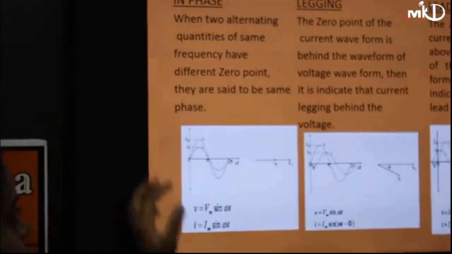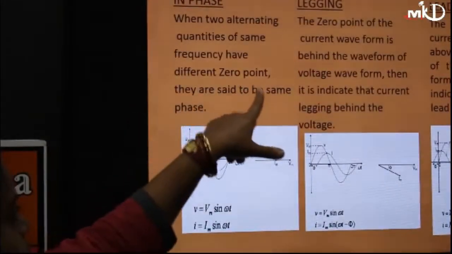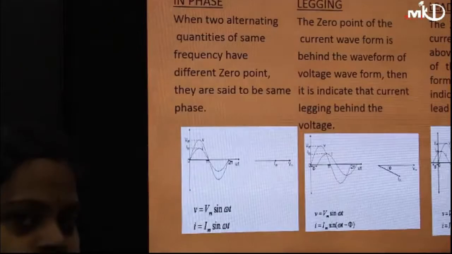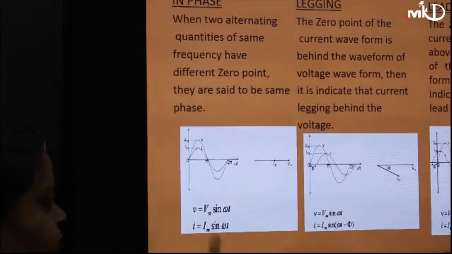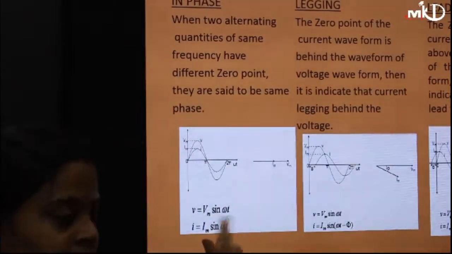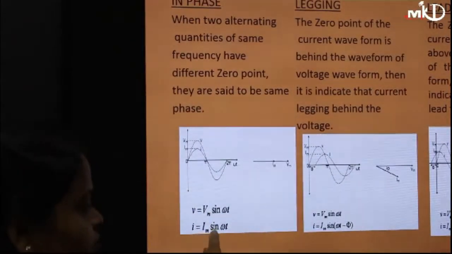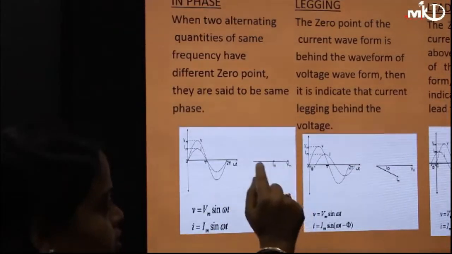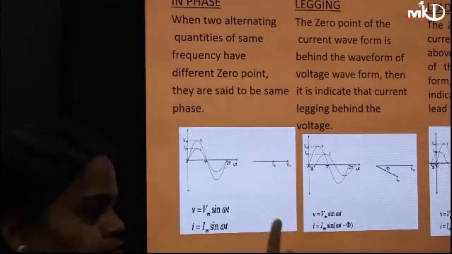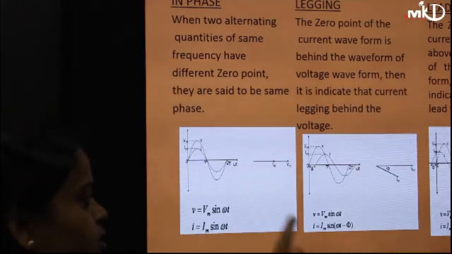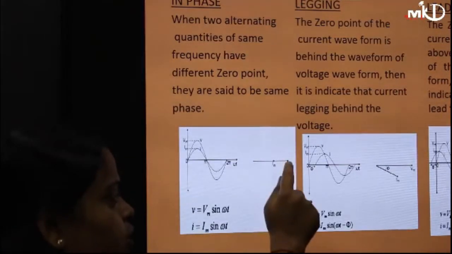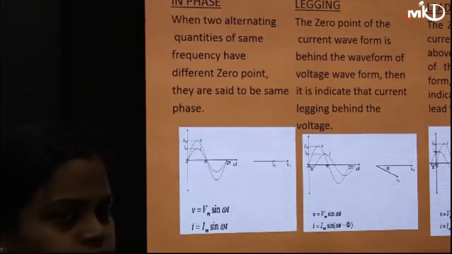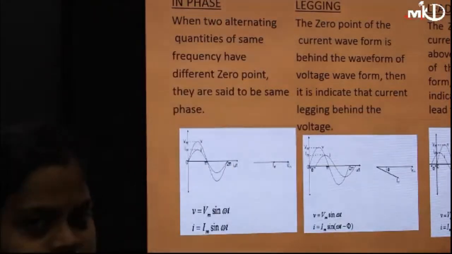At a time both the zero points and maximum points of the two phasors are the same. That means V is equal to Vm sin omega t and I is equal to Im sin omega t. In the phasor diagram, V and I are in the same line, so the phase angle between voltage and current is 0. That is known as in phase.